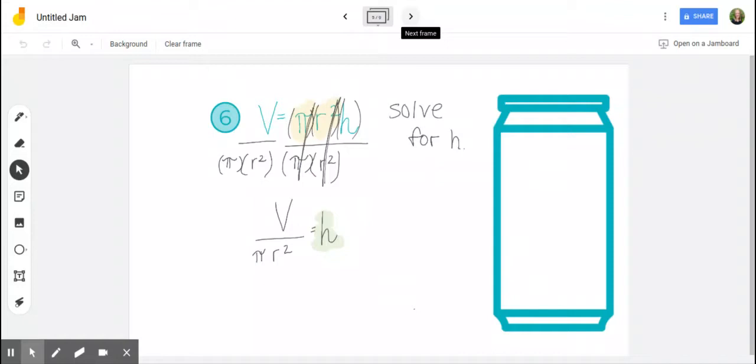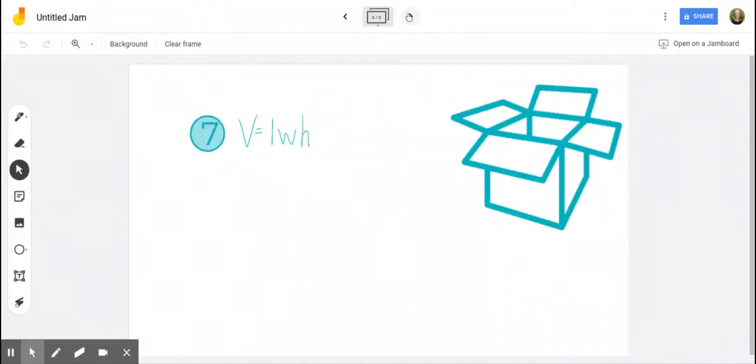Okay, let's look at another one. So here we have a box, which is a rectangular prism. Okay, and the volume, so how much this box is going to hold, you would multiply the length of the box, the width of the box.